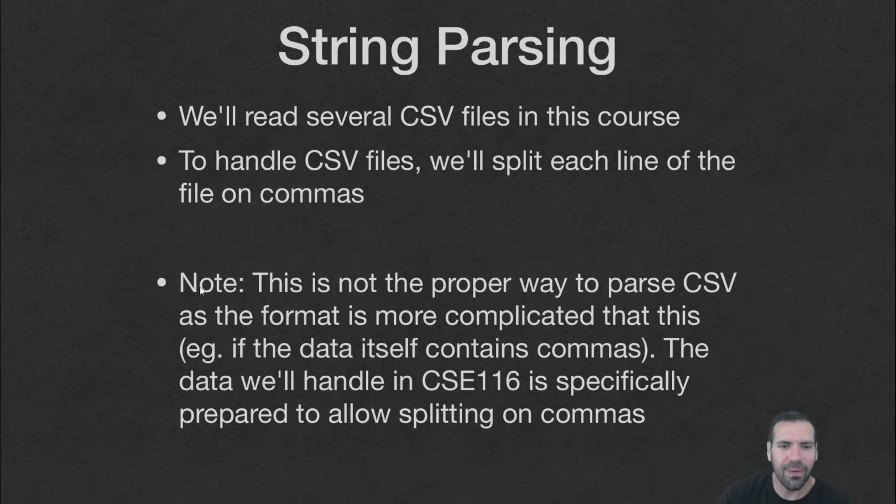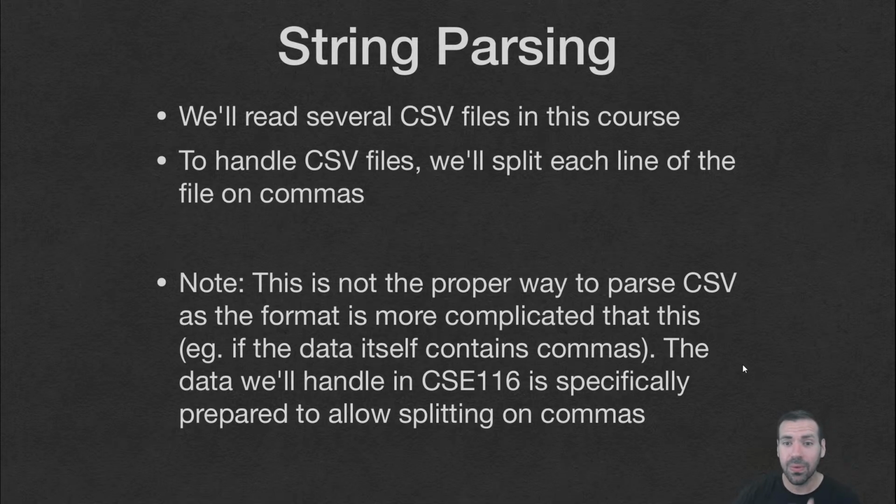Now, this isn't the right way to parse CSV. This is one thing I don't like about this lecture. I have so many of these disclaimers, like, here's a list, but we're not going to use list. Here's array, we're not going to use array, which is coming up. And this isn't the way we actually parse CSV. It's not the right way to parse CSV. You don't just split on commas.